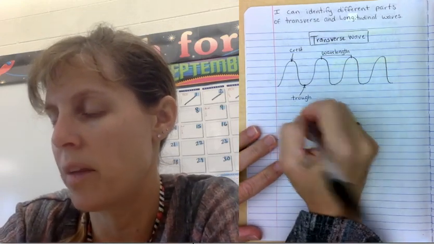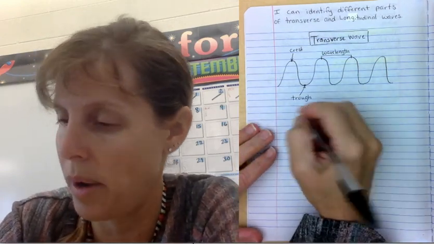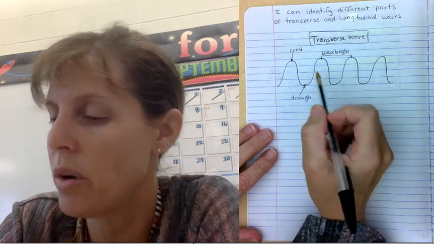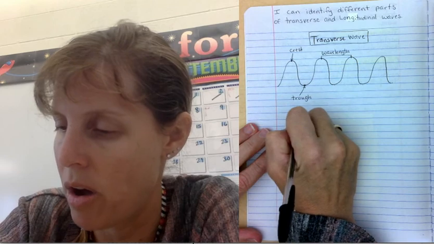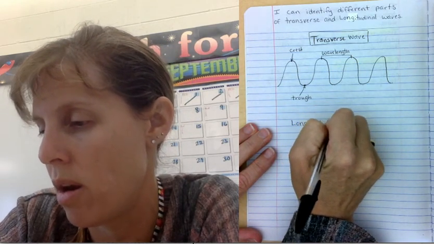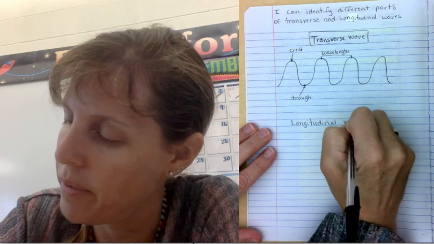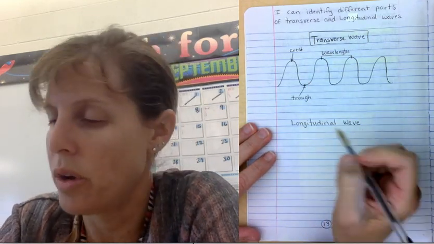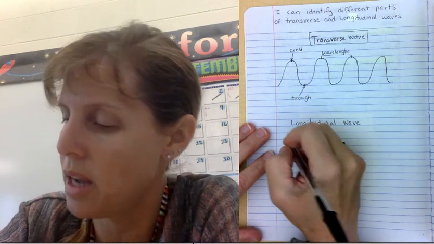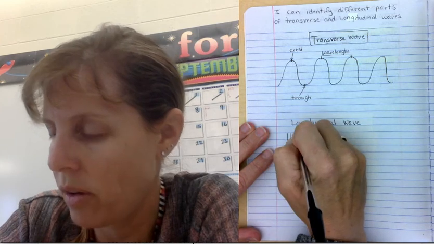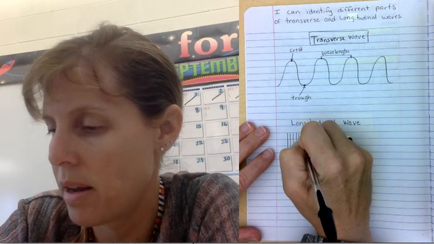Because our learning target says longitudinal wave, we're going to label it that: longitudinal wave. There are a couple ways you can draw longitudinal waves, but I like to just use lines, and you can do the same. So I'm just going to put some lines, and I'm going to try and keep it all the same height.